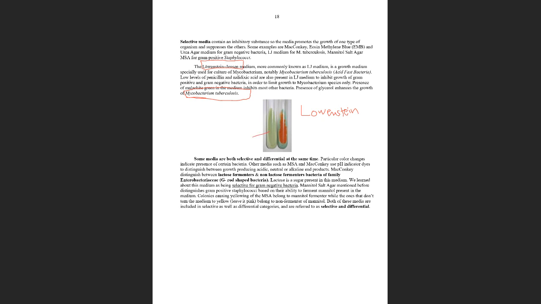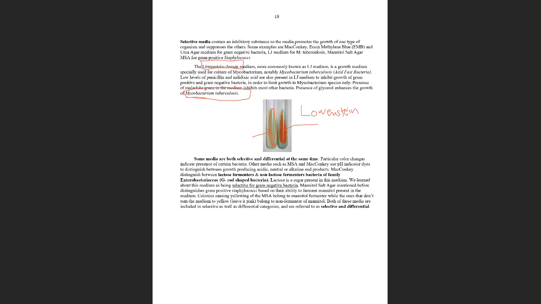This is an uninoculated tube slant. As you can see, it's in the form of a slant. And the second tube is showing the colonies of Mycobacterium tuberculosis growing on this medium.